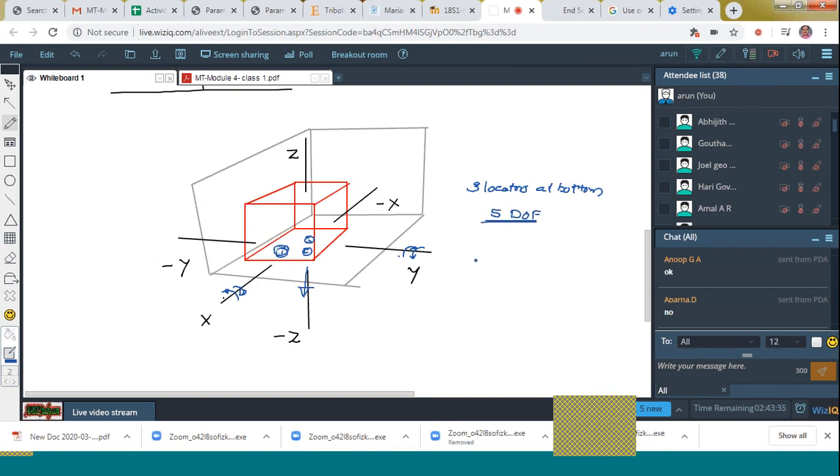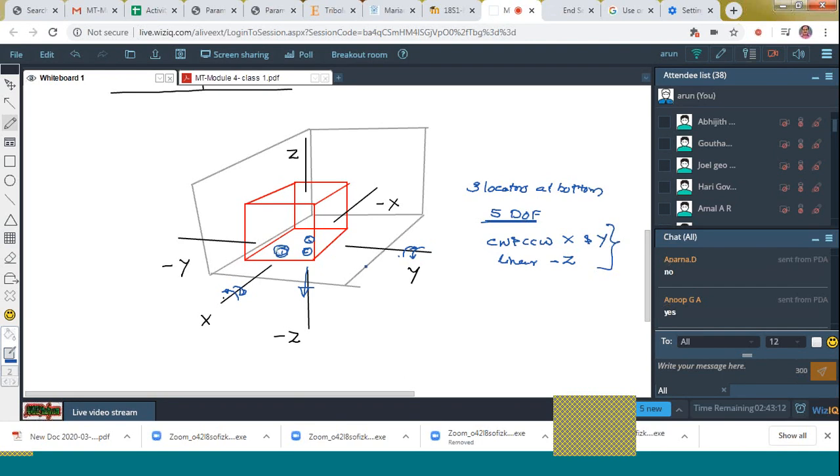Agreed? They are the clockwise and anti-clockwise motion along x and y, and the linear motion along minus z. Up to this, clear?